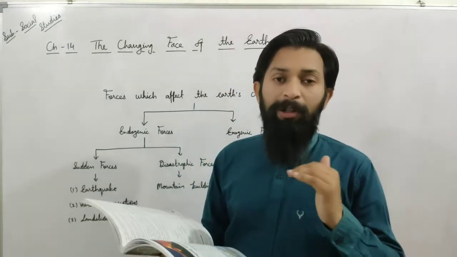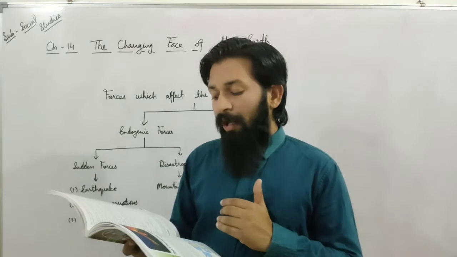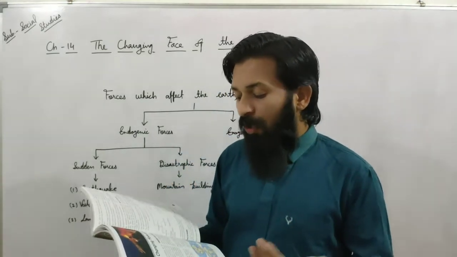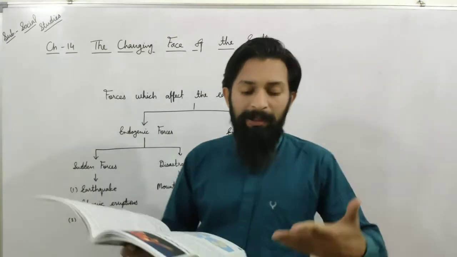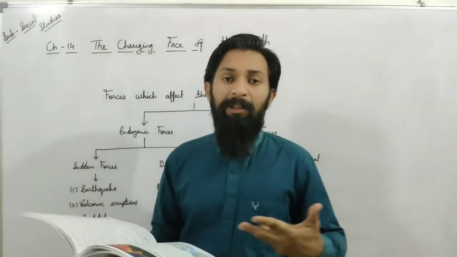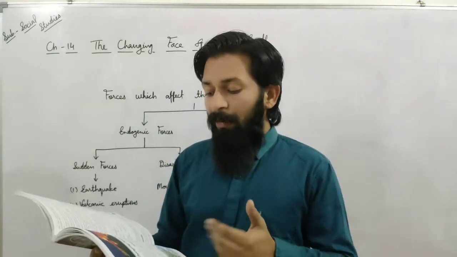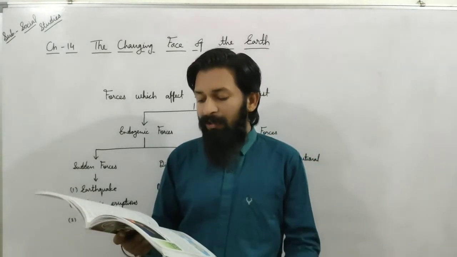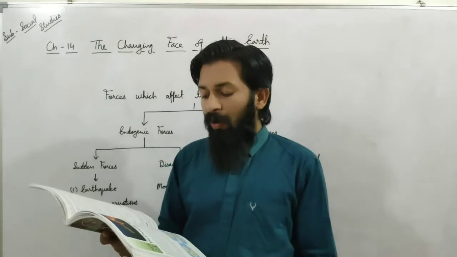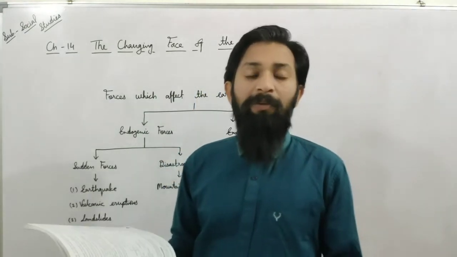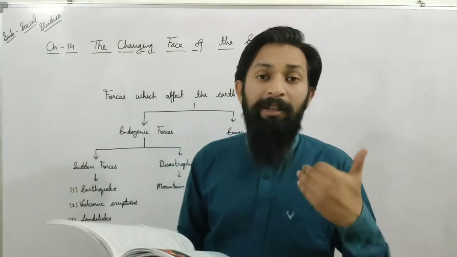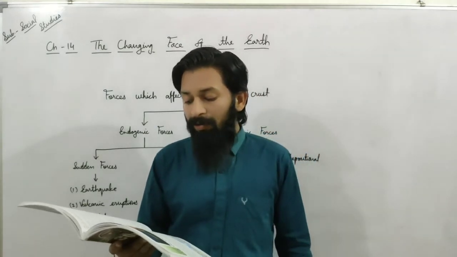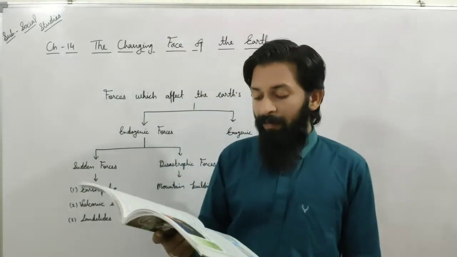According to him, millions of years ago land masses were joined together into a supercontinent, known as Pangaea, and that broke down into the horizontal displacement of the continents. The continents we are watching at this time are a part of that only.